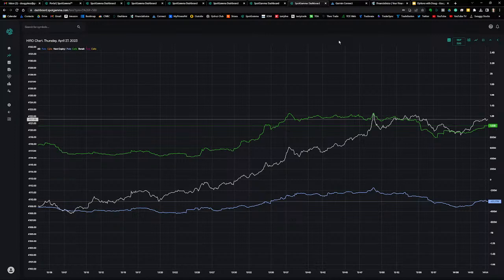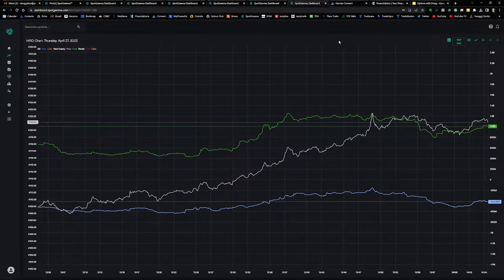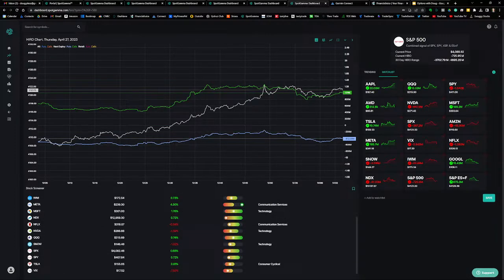And I also often like to find out what is driving the market today to give me some confidence in trading in that direction. So what this is showing, let me zoom back out, and we'll look at all the signals for the S&P 500. I just want to point this out.